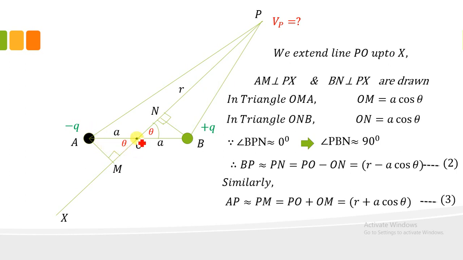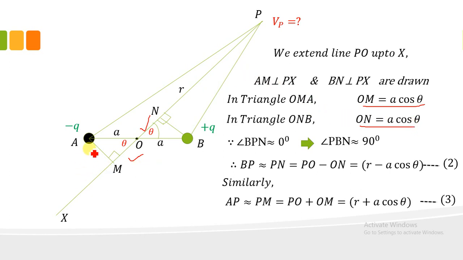So we have two small triangles OAM and OBN. From these two small triangles, you can simply calculate OM is equal to A cos theta and ON is equal to A cos theta. OM and ON are now ready.